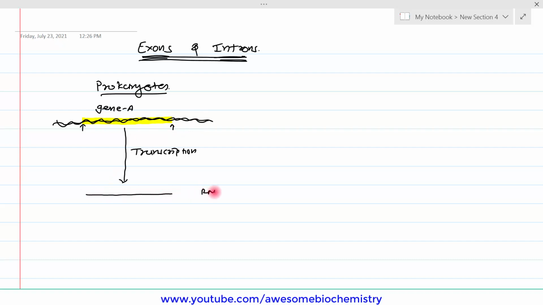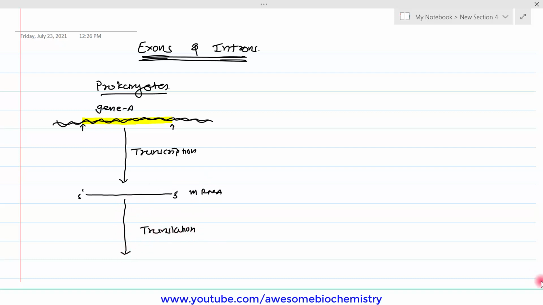So, this is the RNA, and this is the 5' end and this is the 3' end. As per the template, complementary nucleotides are added in the RNA, and suppose this is the mRNA, so that we can explain translation also. This mRNA undergoes translation.